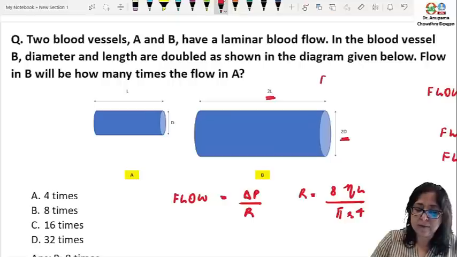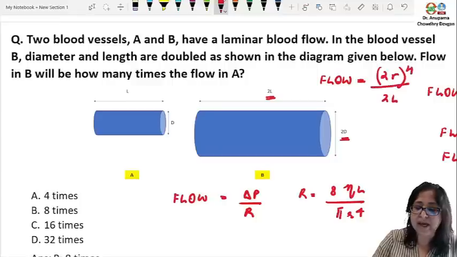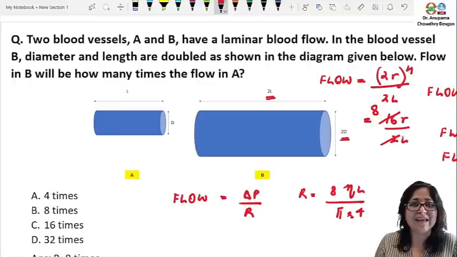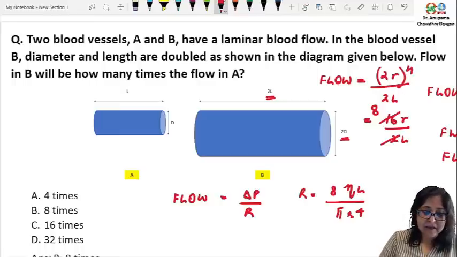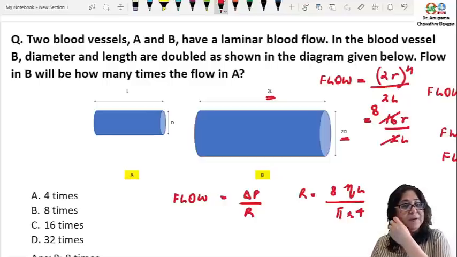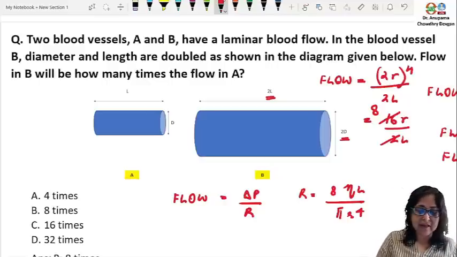So what is going to happen to the flow? Flow will be directly proportional to 2R raised to the power 4 divided by 2L. So that means 16R divided by 2L. In other words, this becomes 8 times the flow in the first tube. The flow in the second tube will be 8 times the flow in the first tube. So my answer here will be 8 times.